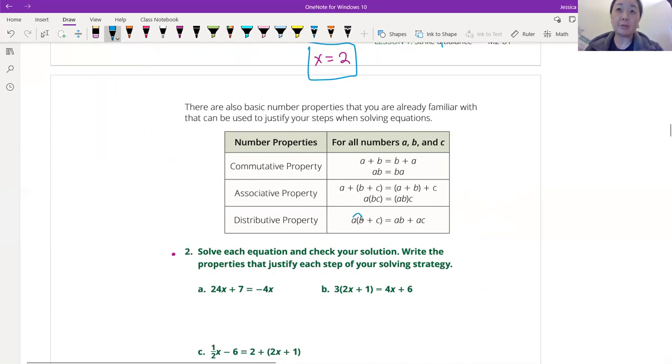So A is going to distribute to B as well as to C, so that you end up getting A times B, right here, AB, plus A times C, which is AC. That's what that would end up being. So notice that the A was distributed to both the B and the C.